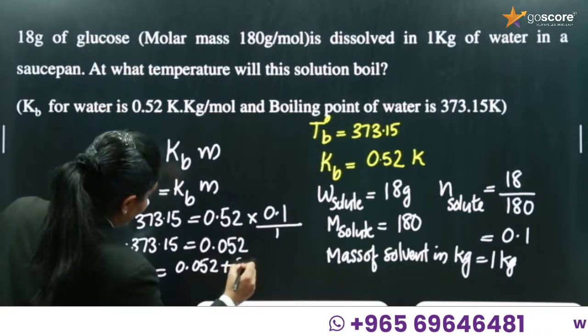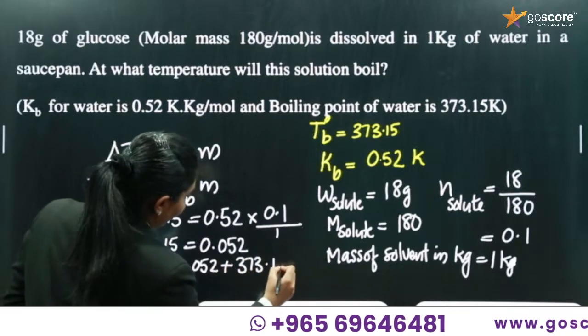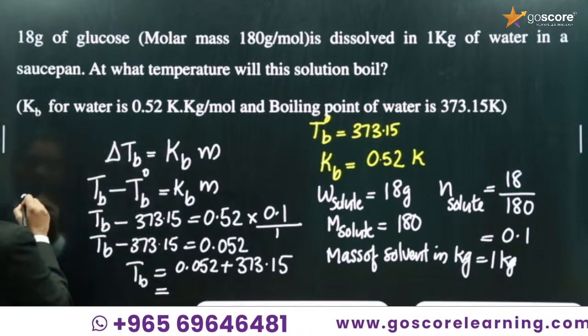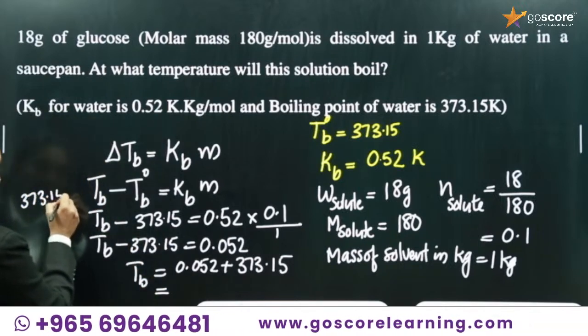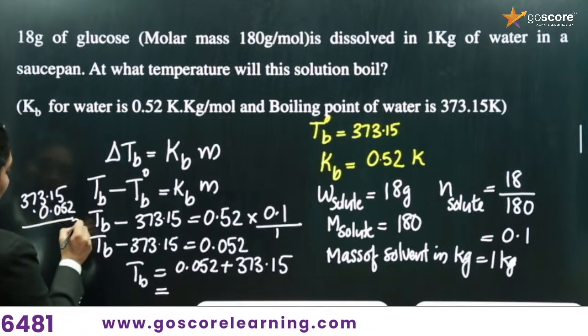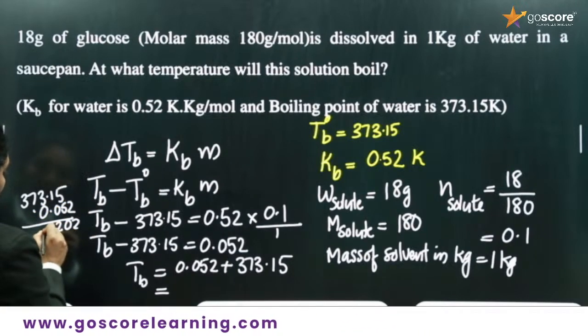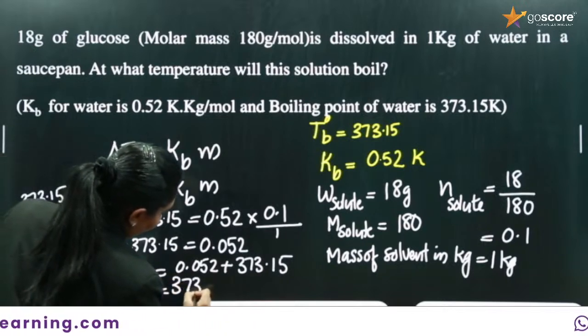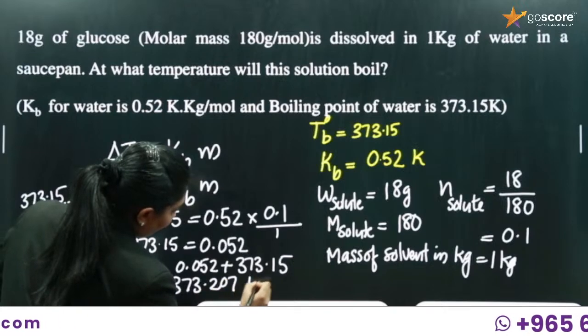So it is nothing but 0.052 plus 373.15, and we will get the value 373.202 Kelvin.